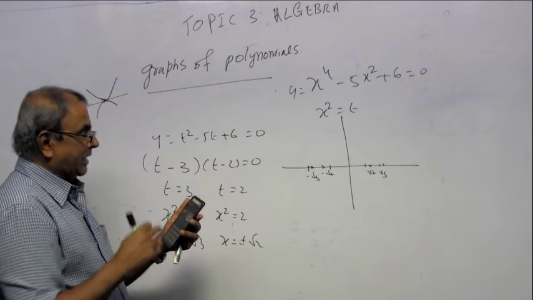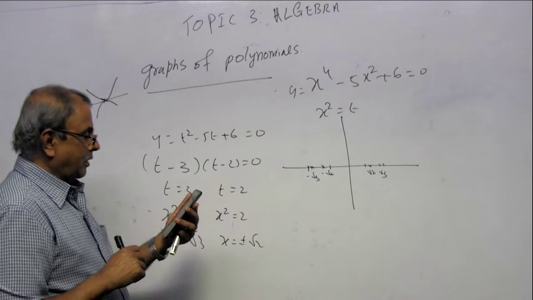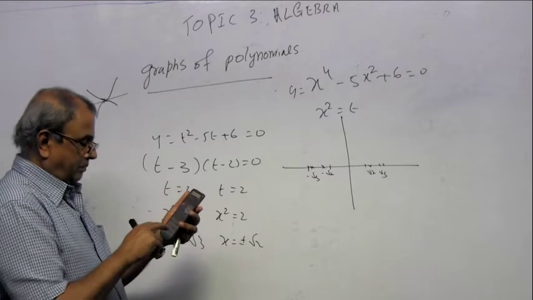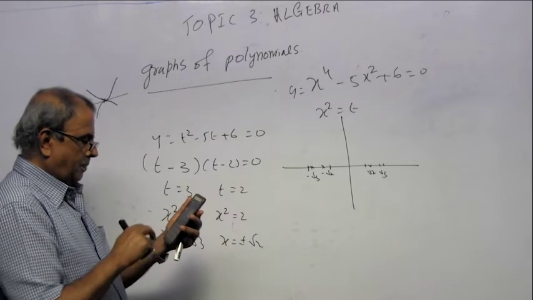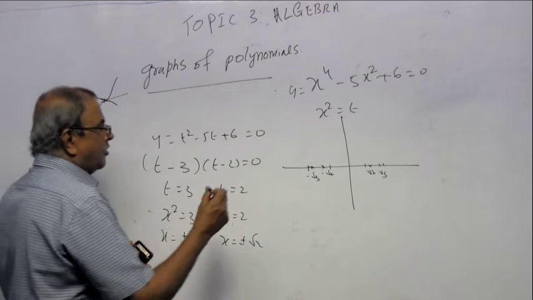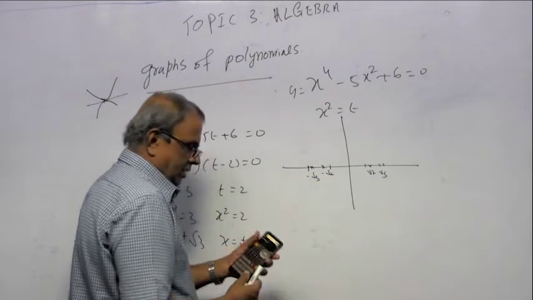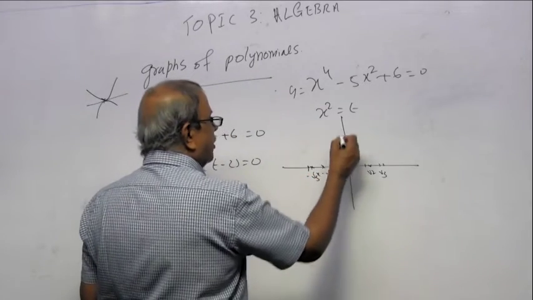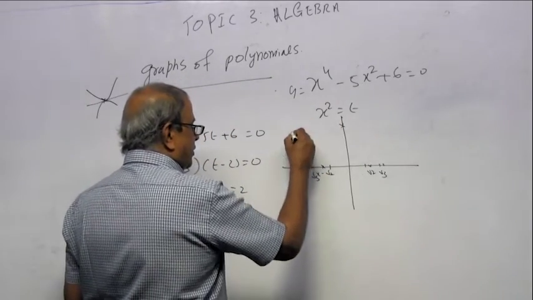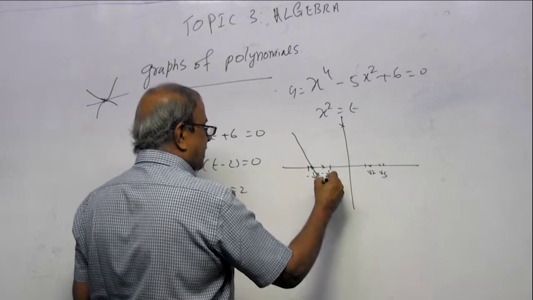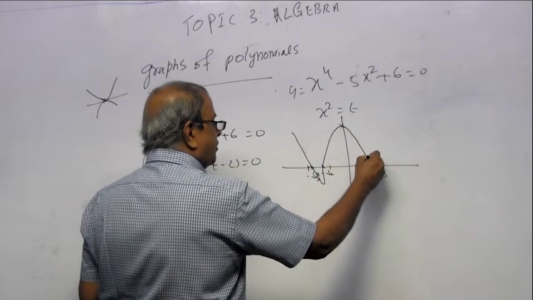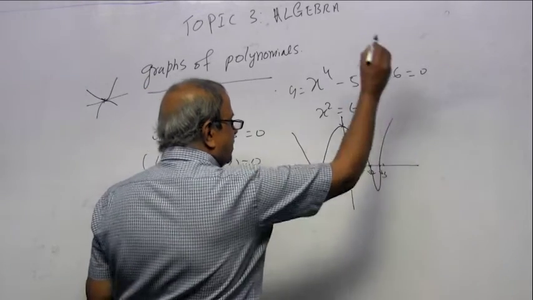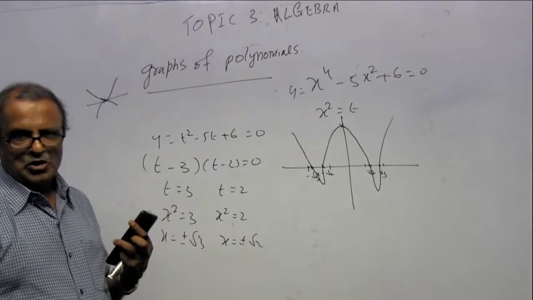I could have done the same thing in the first one, I agree. 1.5 squared plus 6 is minus. So between these two, the graph is minus. When x is 0, it is plus. So look, this graph comes somewhere like that, goes there. I'm squeezing the graph, so it has to be somewhere like that. A nice W-shaped graph.